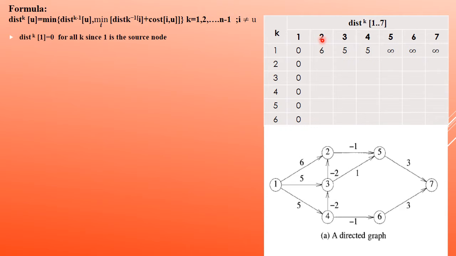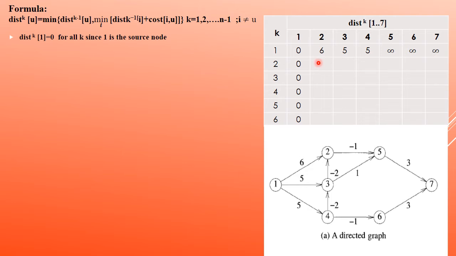From 1 to 2 there is an edge and its edge weight is 6. From 1 to 3 its edge weight is 5. From 1 to 4 the edge weight is 5. There is no edge from source node 1 to 5, 6 and 7, and that's why these are infinity.